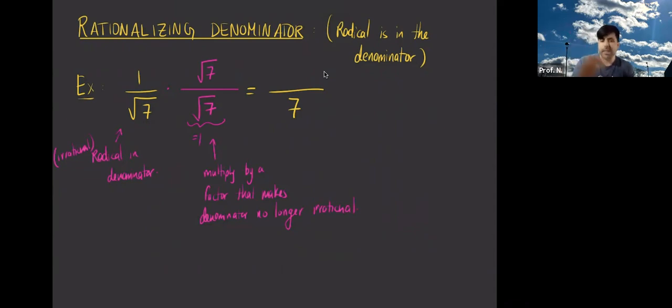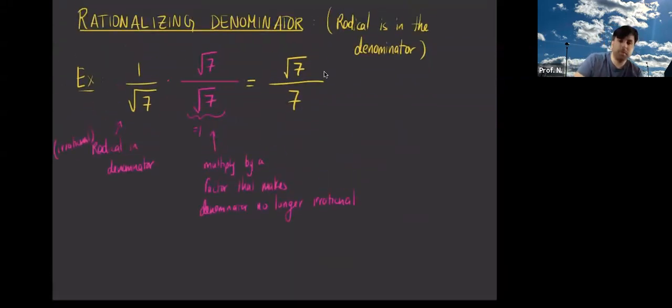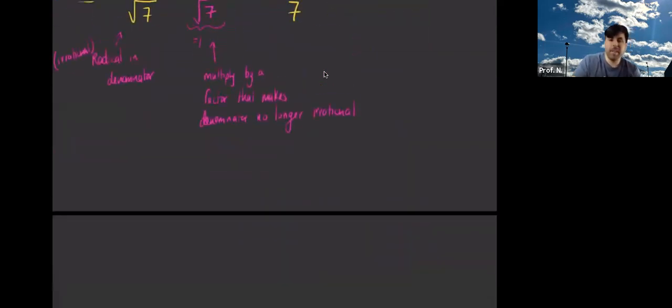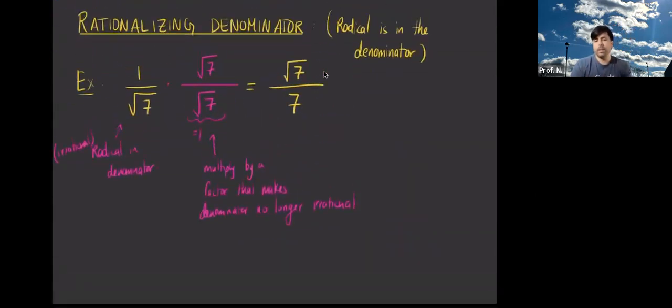So 1 divided by rad 7 can also be written as rad 7 over 7. That's why they're equal. So that's the idea. You can multiply the top and the bottom by the very denominator. And when you do so, you get rid of that radical underneath the denominator.